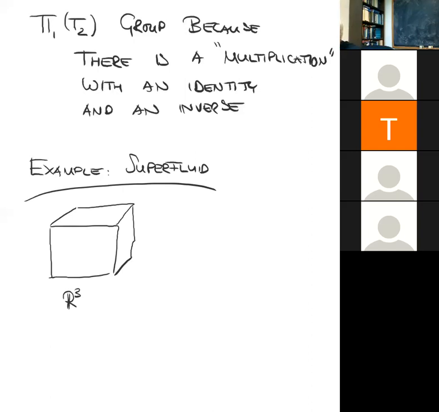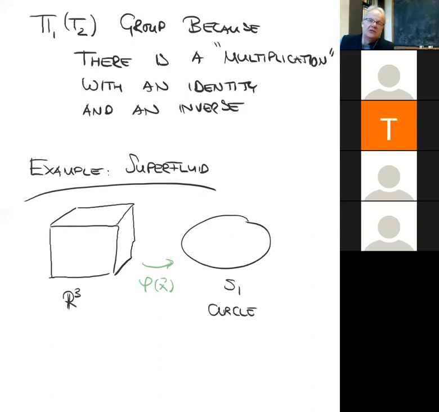So order parameter space is a circle. Okay. And so then we have some kind of map. So that map was, we take a position in real space and it gets mapped onto a phase that lives along a circle. So this kind of arrangement, by the way, does not have point defects. This kind of arrangement has line defects, as we'll see in just a minute. So the line defect is called a vortex.